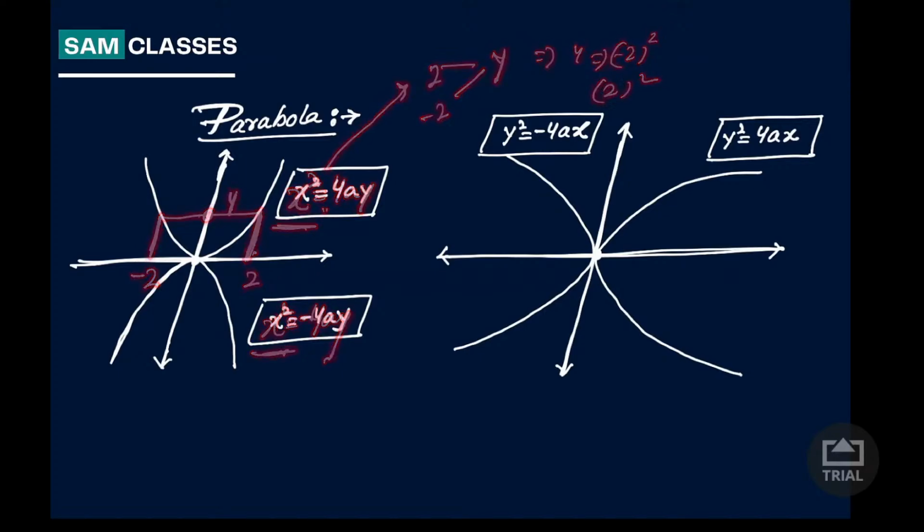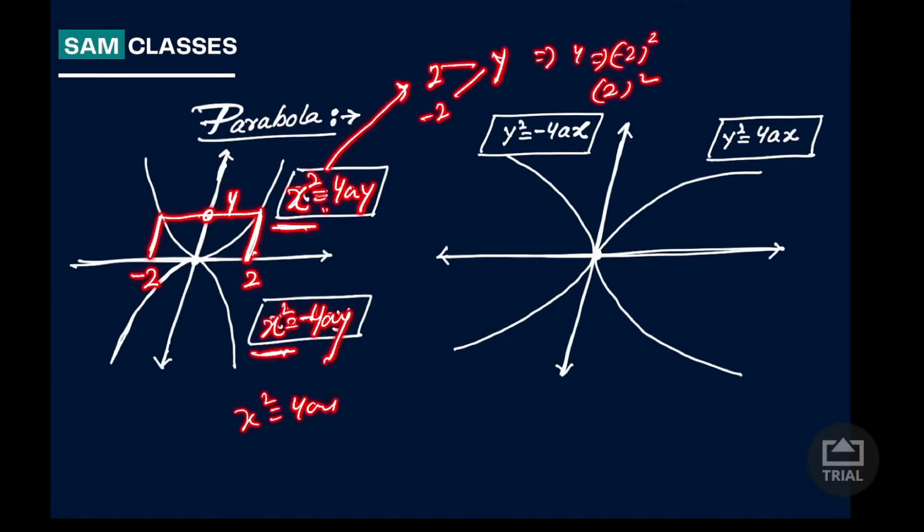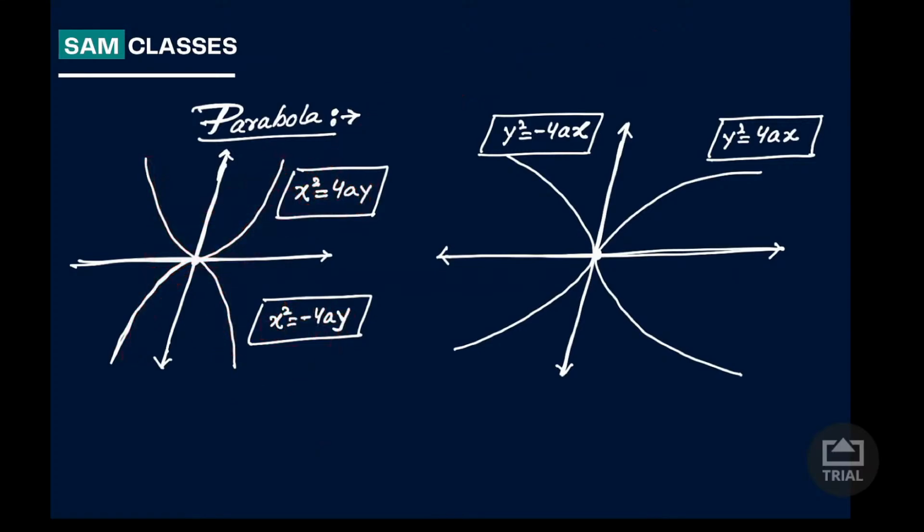So whenever I write x square is equal to 4ay, it means it will be either an upward parabola or a downward parabola. If it is positive, upward. If it is negative, downward parabola. Clear everyone?